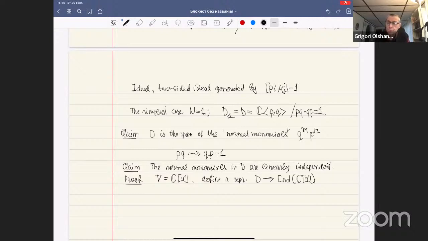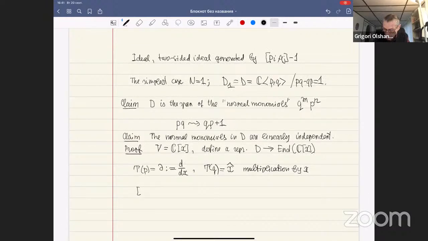It's sufficient to define it on the generators. So I take the operator corresponding to P is D, which is the operator of differentiation, and Q, I write it as multiplication by X. So it's trivial to see that we have these commutation relations.